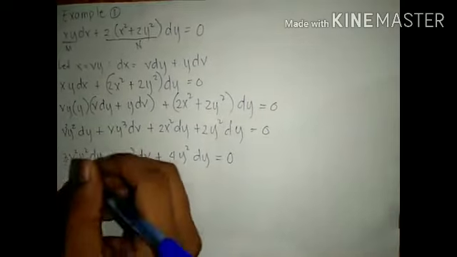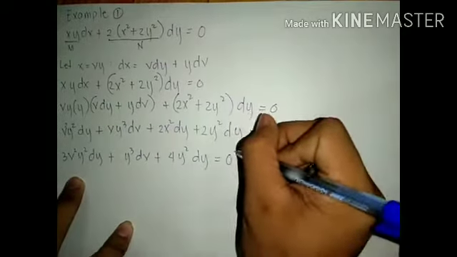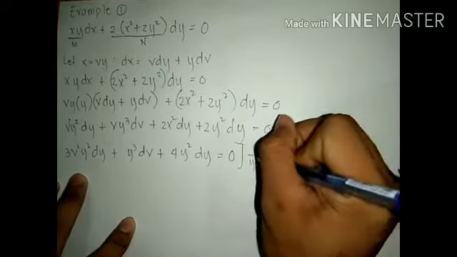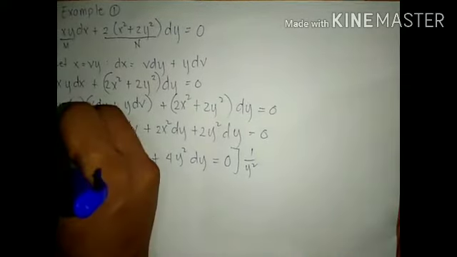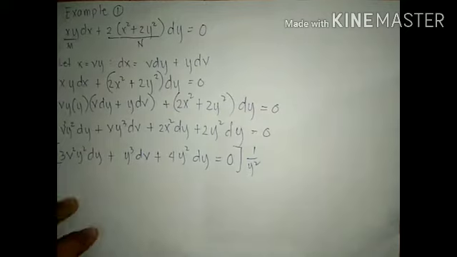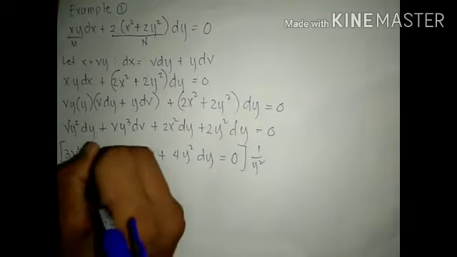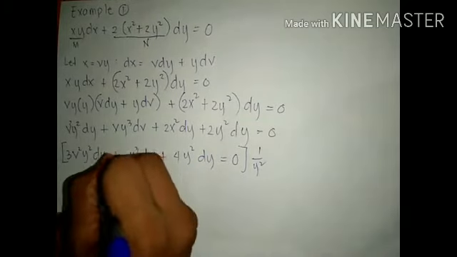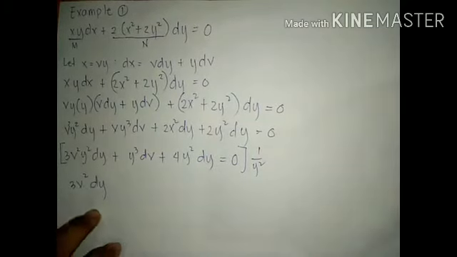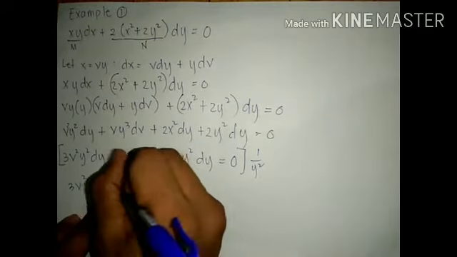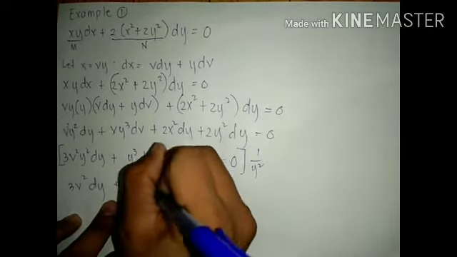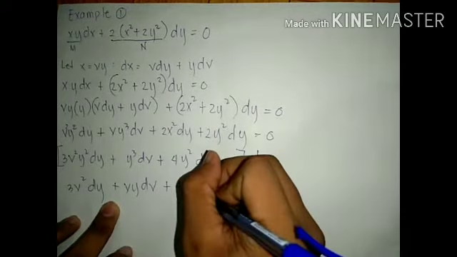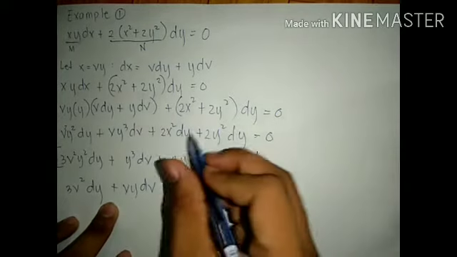We have a common factor here, y squared. So what remains is 3v squared dy plus vy dv plus 4 dy. The y squared cancels.